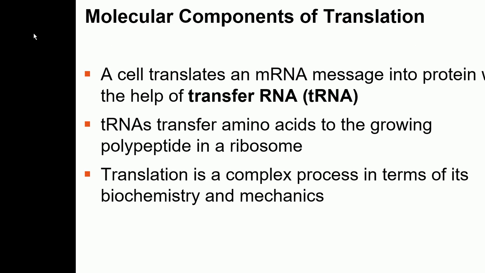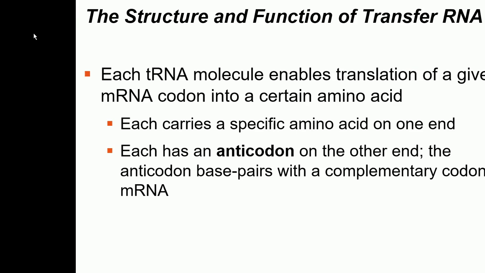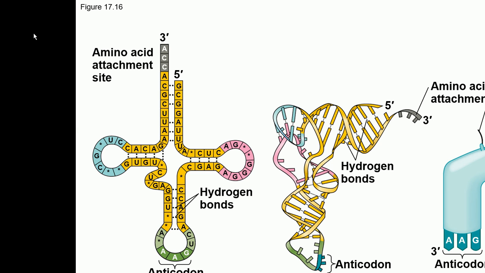And how does transfer RNA transfer amino acids? Let me show you the structure of transfer RNA. So this is the transfer RNA. First of all, it's RNA, so it's single stranded. This is the 3' side of the transfer RNA, and this is the 5'. The 3' end of the transfer RNA is the end where the amino acid is attached.